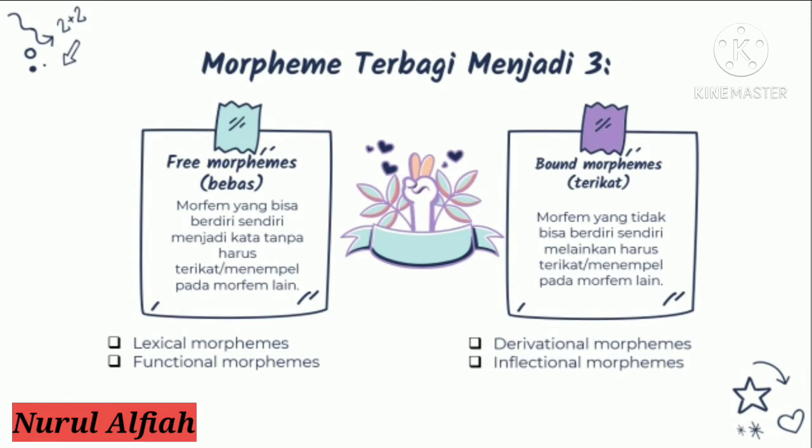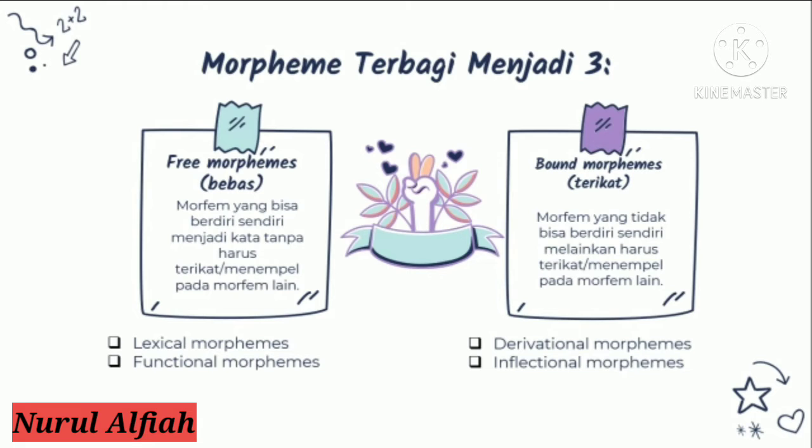What kinds of morphemes are there? First, free morphemes. Free morphemes are morphemes that can stand alone as words without having to be tied to other morphemes. Free morphemes are divided into two, namely lexical morphemes and functional morphemes. Lexical morphemes can stand alone and convey the content of the message we convey.